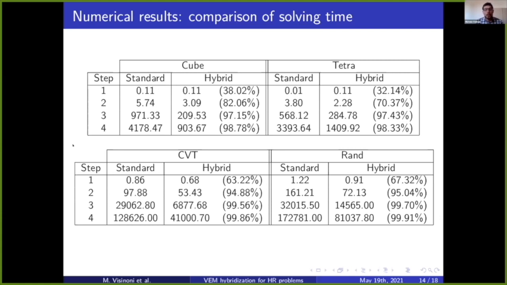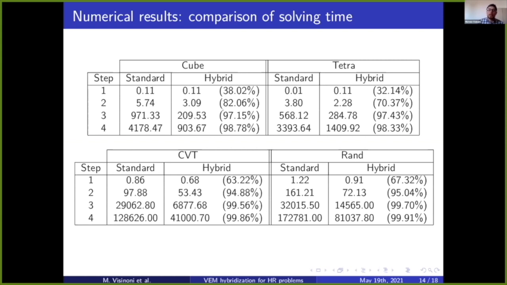We can see that when we refine the mesh, the hybridized scheme is faster than the standard one, and this holds for all meshes: cube, tetrahedra, Voronoi, and random.